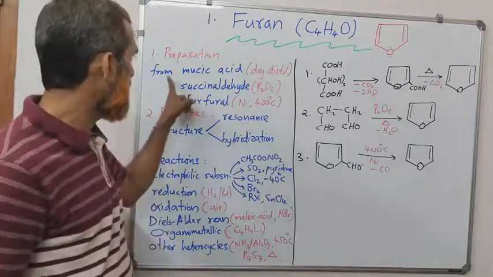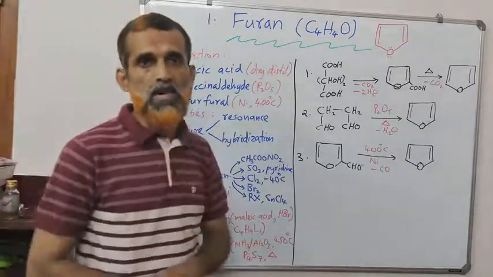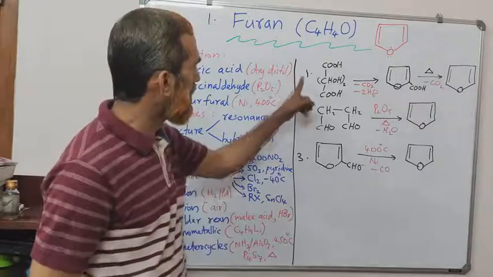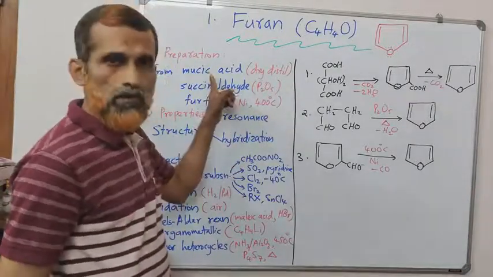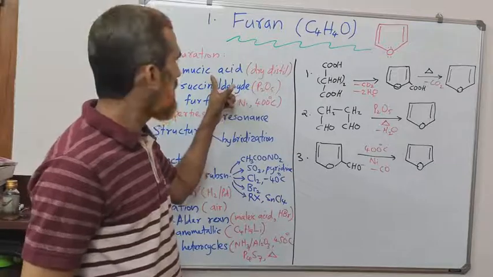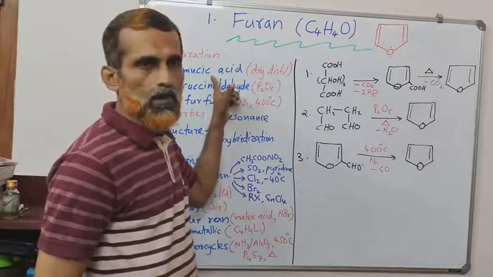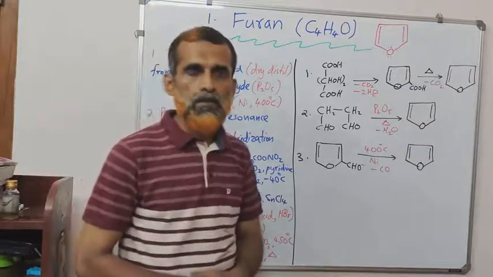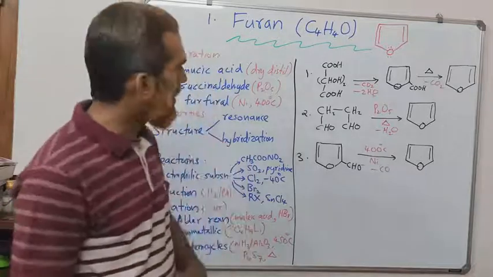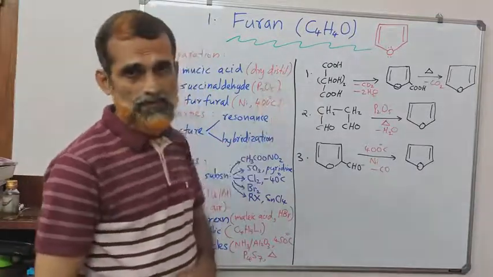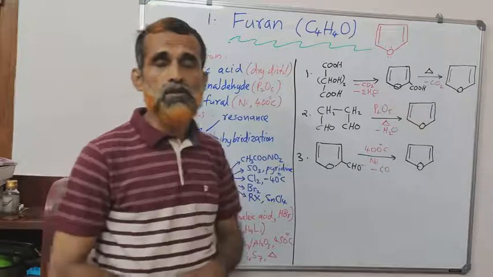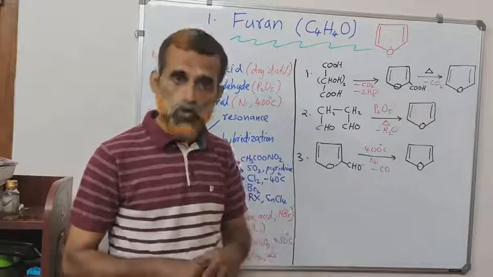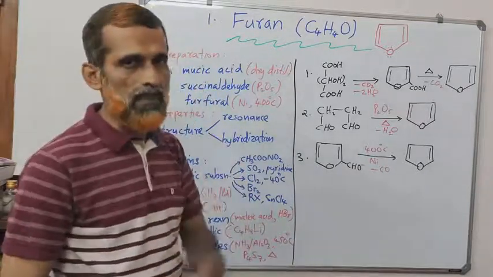Starting with preparation, we have 3 starting materials. The first one from mucic acid, which is also called galactaric acid. You know galactose, which is an isomer of glucose, which is a hexose.